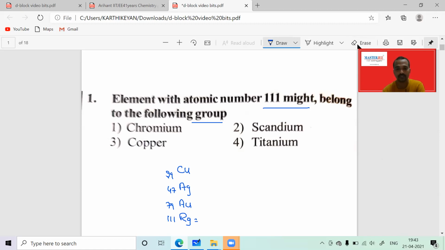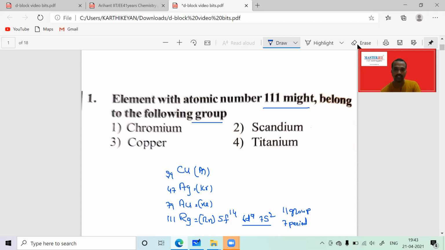Roentgenium has the configuration radon 5f14 6d9 7s2. Looking carefully, it belongs to the 7th period, and 9 plus 2 makes the 11th group.